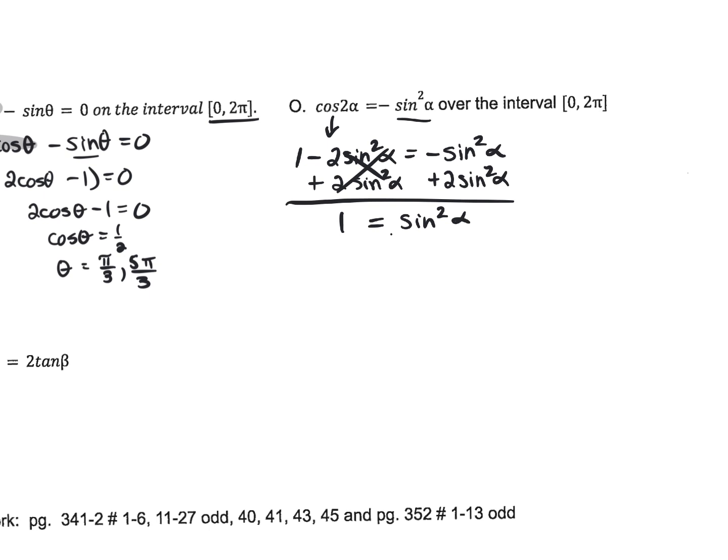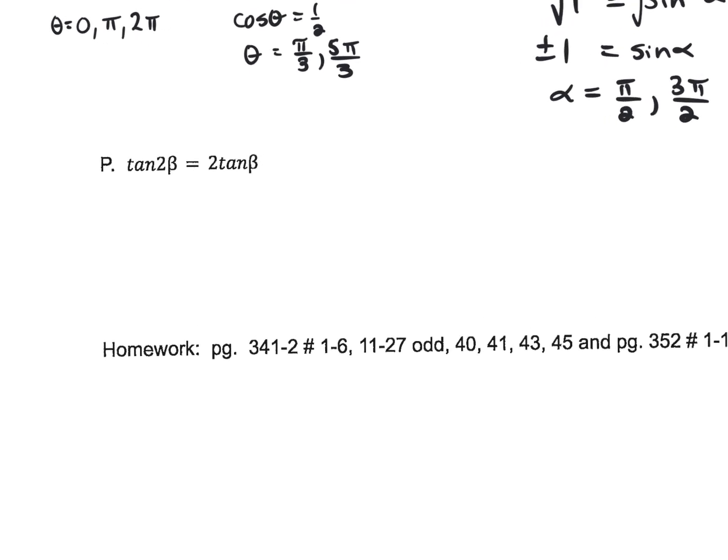Now I have to take the square root. So I get sine equals plus or minus 1. Sine is positive 1 at pi over 2 and negative 1 at 3 pi over 2. And those were my answers. So you get the idea.